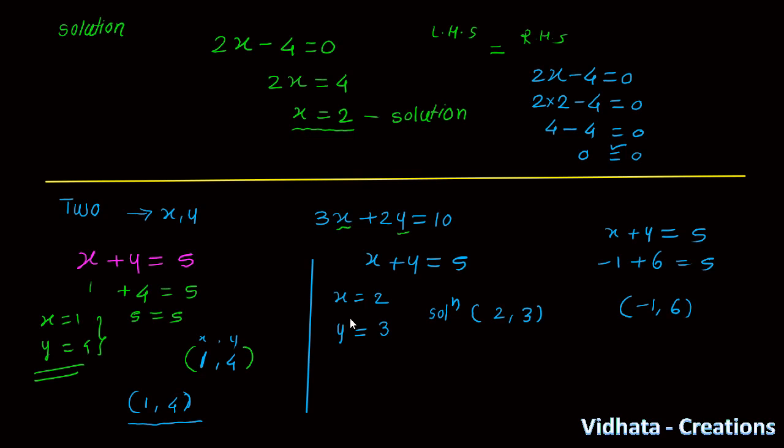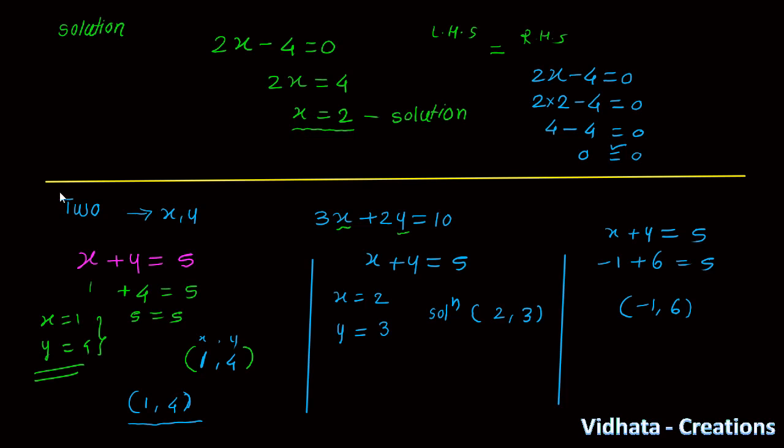Like this, only one equation can have an infinite number of solutions in the case of a linear equation in two variables. What conclusion do you get? A linear equation in one variable has only a unique solution.